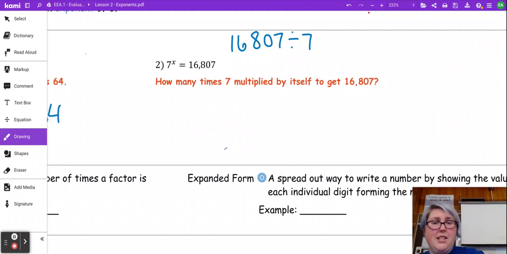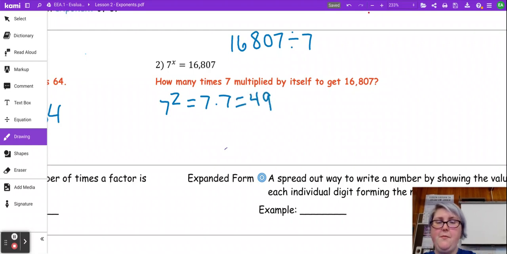So let's take 7 to the second power, or 7 squared. Well, we know the expanded form is 7 times 7. 7 times 7 is 49. Well, that's definitely not big enough. But what happens if we have 7 squared times 7 squared?